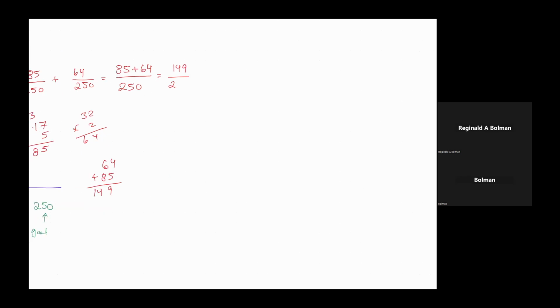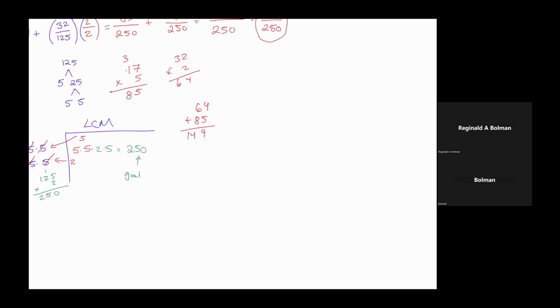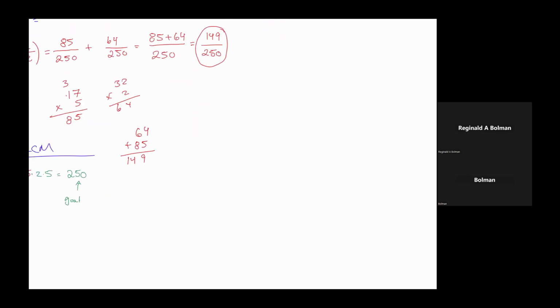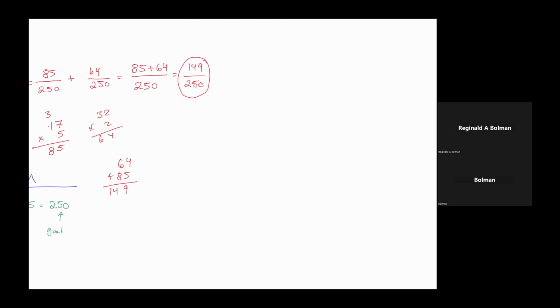And I believe that this is as good as it gets because 2 does not divide 149. 2 does, in fact, divide 250. 5 divides 250. 2 divides 250. But because none of the prime factors of 250, i.e. 5 and 2, will divide 149, we can say with confidence that this will be our simplest form.